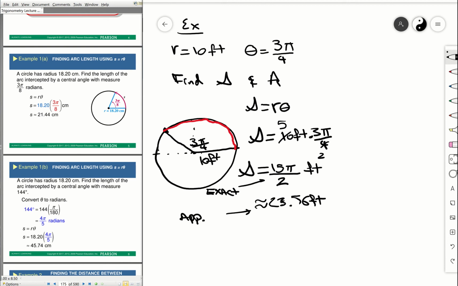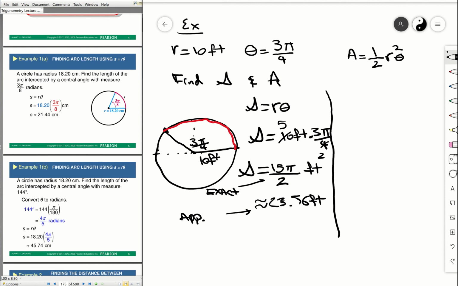All right, so there is the exact value of the arc length, 15 pi over 2, and here's an approximate value rounded to 2 decimal places, 23.56 feet. So this one is approximate. All right, so we can do a similar analysis for the area. Notice that we start with the formula for the area, which is 1/2 r squared theta, if you recall, and we go ahead and substitute now.